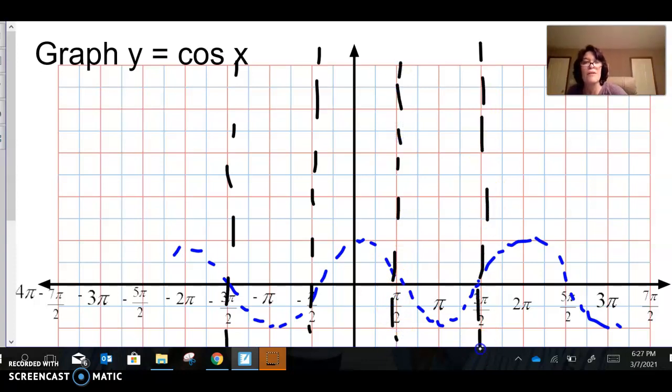At all the odd pi over 2's. And then I'm going to flip the parabolas up. So cosine, or secant, is a little bit different because see how it kind of straddles the y-axis there? The first parabola is right on 0, 1. Okay, we'll come back to this. Please come to part 2.